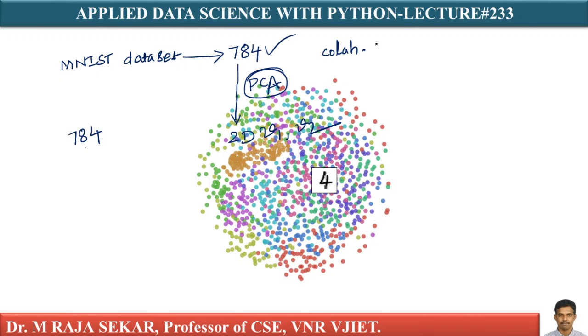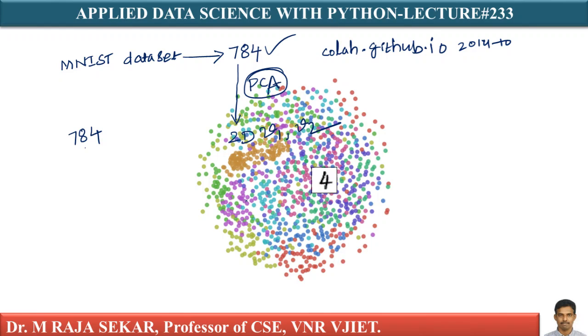Colah dot github dot io, 2014-10. Otherwise, I will show you after a few seconds what they calculated. They calculated the top 2 eigenvectors.